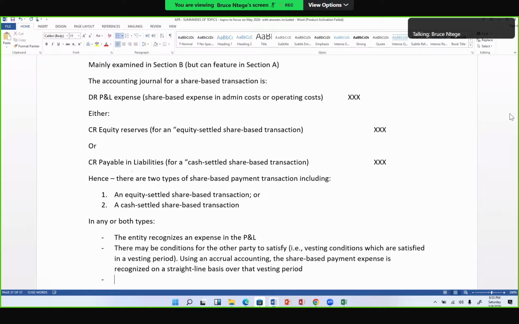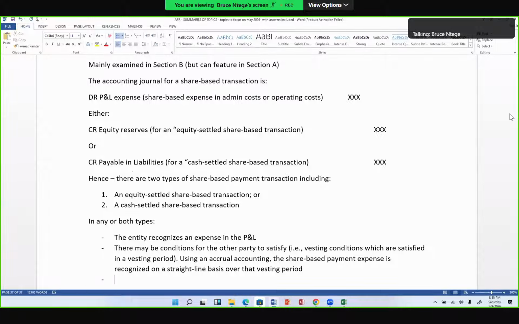Now, again, in both cases, these are the two concepts. IFRS 2 guides the entity in two things.